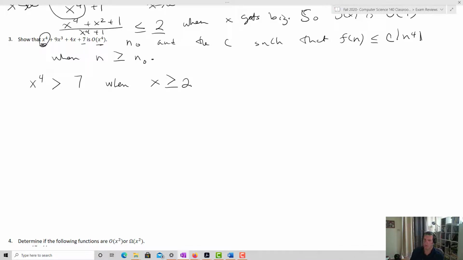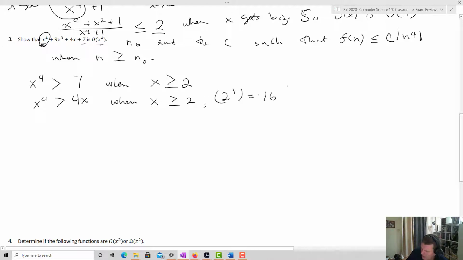We're all good. We can actually select a 1 there if we want. We also know that x to the fourth is going to be greater than 4x when x is also greater than or equal to 2. Again, 2 to the fourth equals 16, and 4 times 2 equals 8. So there it is. This is proven.